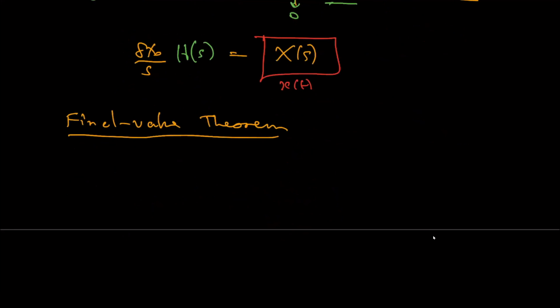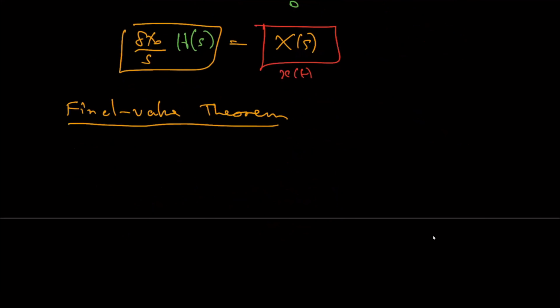So I have to apply the final value theorem to this thing. So that means I go limit, s goes to 0, s delta X0 over s H of s, okay? And this equals the steady state value for X.